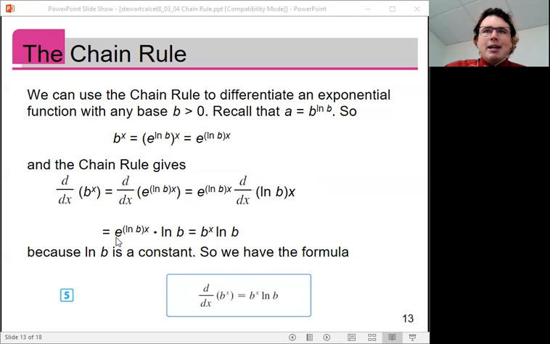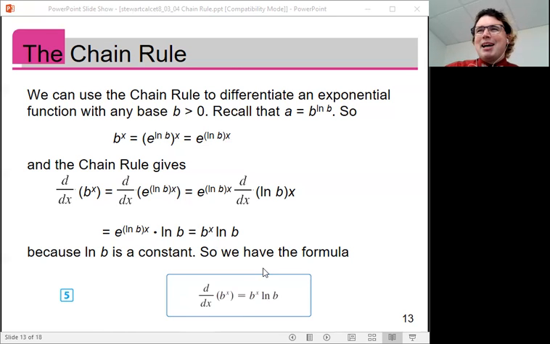So e raised to the power natural log of b x is my function. And then the derivative of that function is e to the power natural log of b times x, all times another natural log of b. So let's go ahead and write that as b to the power x times the natural log of b.